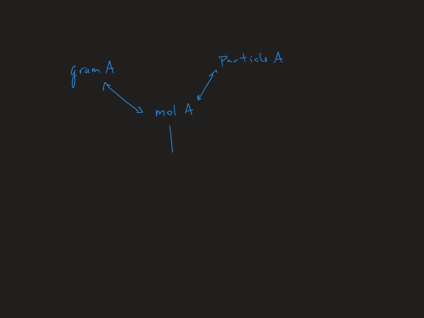If we want to go to a different substance, we go from moles of substance A to moles of substance B. Then once we're at moles of substance B, we can convert that into grams of substance B, or we can also convert it to particles of substance B. Do I have it this way, or do I have B on top?